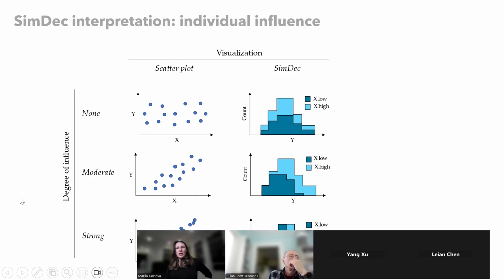Yes, then in the chapter, we extensively discuss how to interpret the visualizations. And here, if we are talking about degree of influence or how important different variables are, practically the rule is the more the states of the variable are shifted horizontally, the higher the influence.